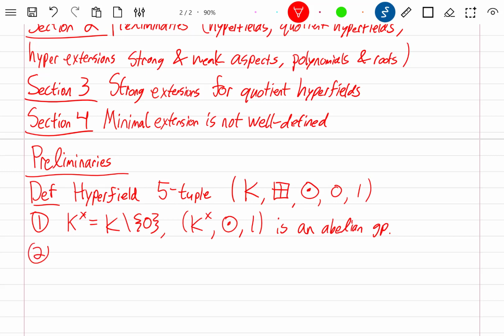So multiplication remains unchanged. The other thing about multiplication, if I take some elements x of my hyperfield K, we have 0 times x is x times 0, which is just 0. So in some sense, 0 is an absorbing element.